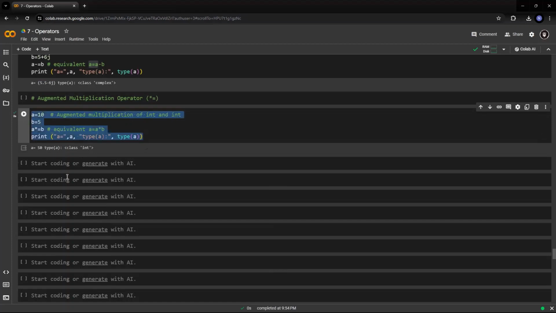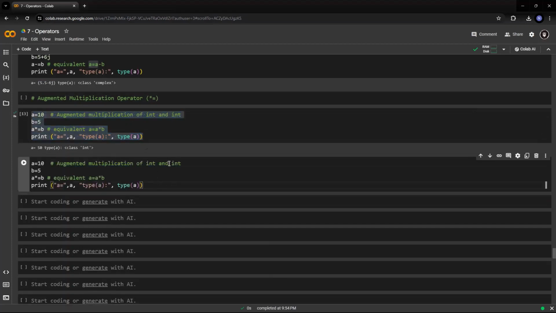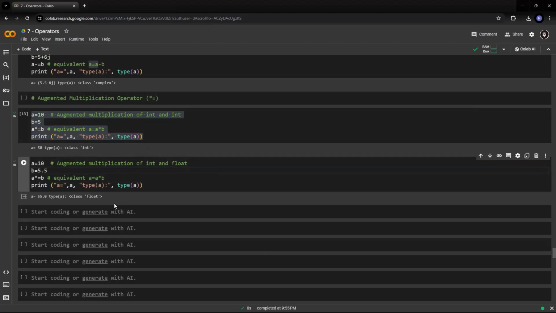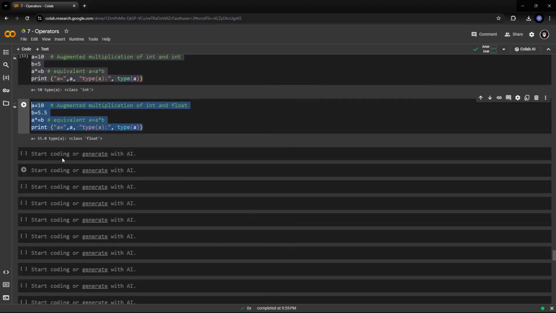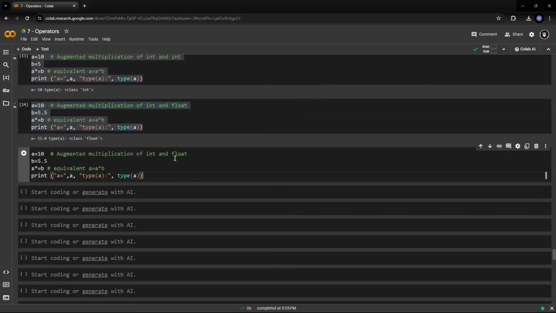Let's try with an int and a float number. So again, I'll make this 5.5. Let's see what the answer is. It will be a float as we guessed. Let's start with a complex number this time.